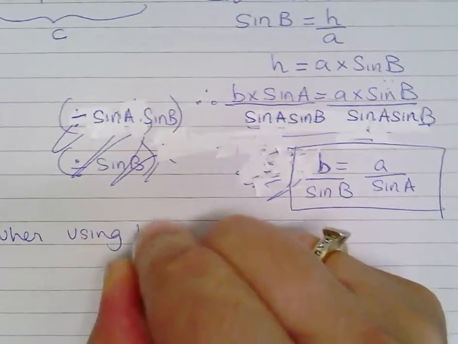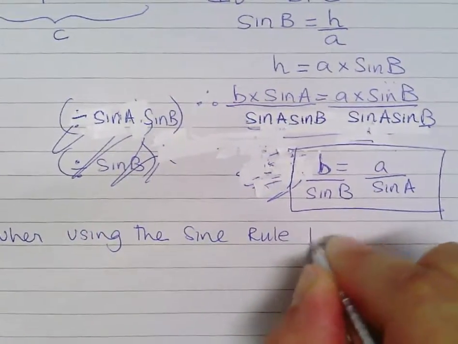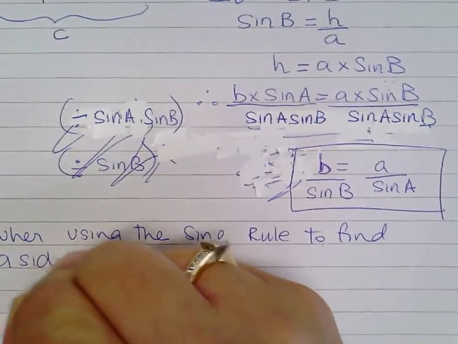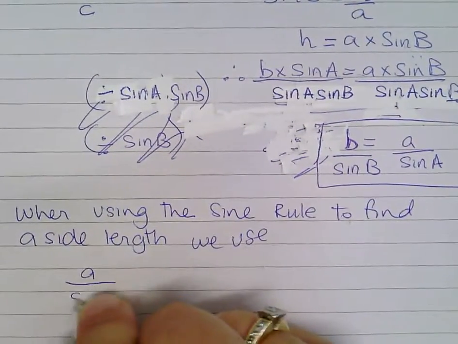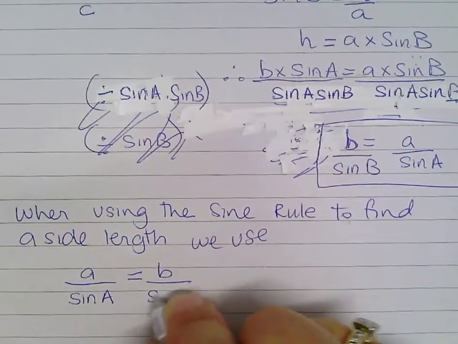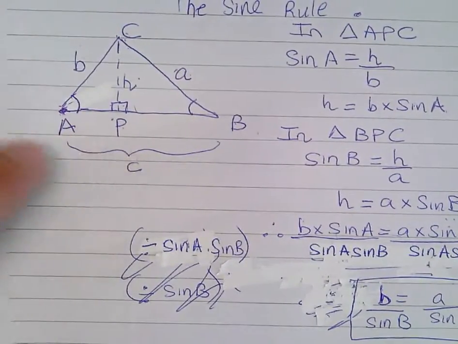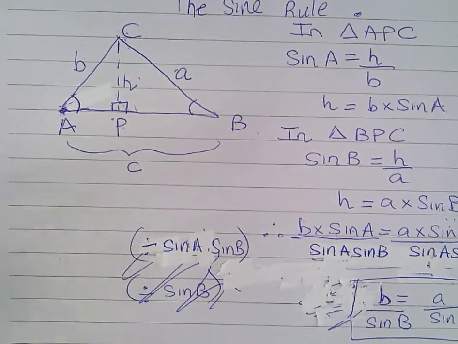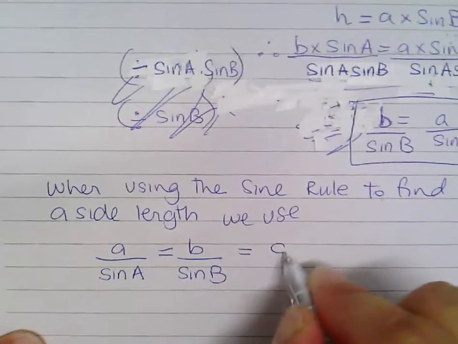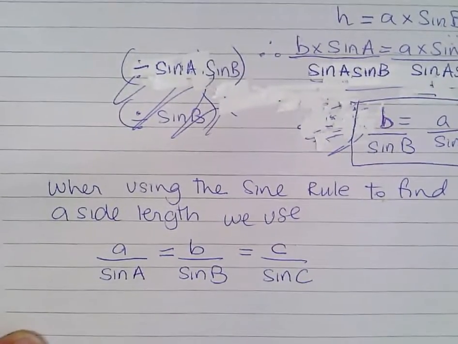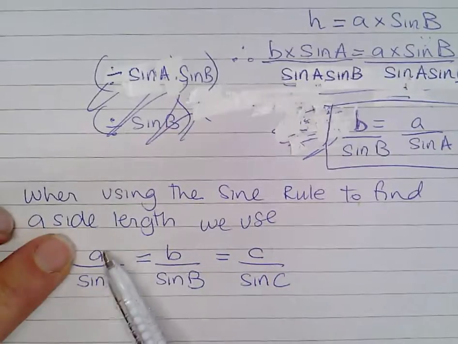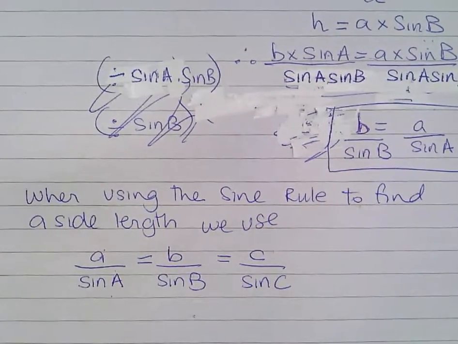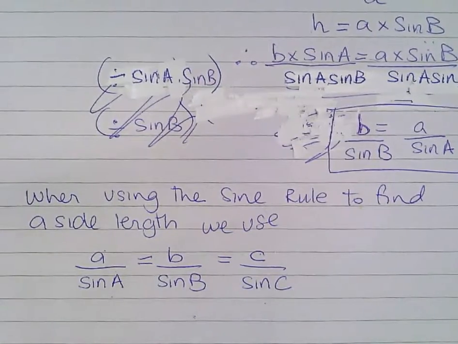when using the sine rule to find a side length, we use A over sine A equals B over sine B. Now, if I redraw that original triangle and also include C and sine C in the equation, I would find that I could also get equals C over sine C. So A over sine A equals B over sine B equals little c over sine C. It's just a ratio.